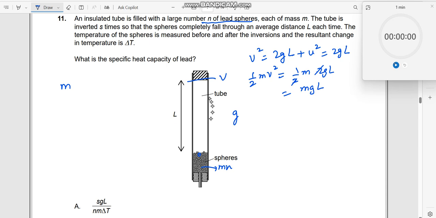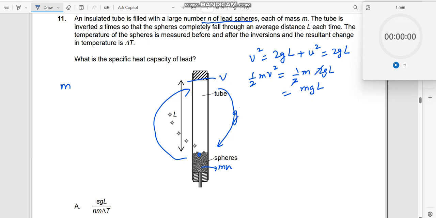Now you invert it once again. When it comes back, once again mgL of energy is created. So if I do it twice, I get 2 times mgL.